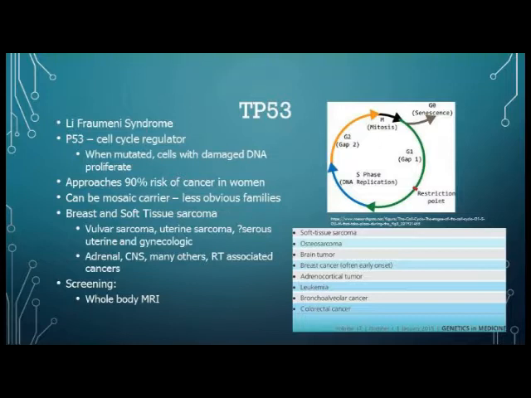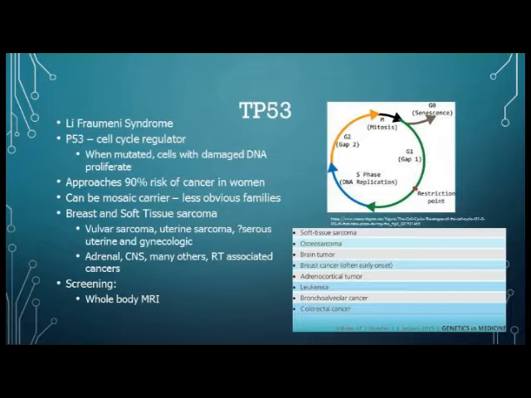And so when it's mutated, the cell cycle goes crazy. So cells proliferate, and so you have a very high cancer risk. Your lifetime risk for these patients is about 90%. So you're probably going to get cancer, but it's an extremely rare mutation.